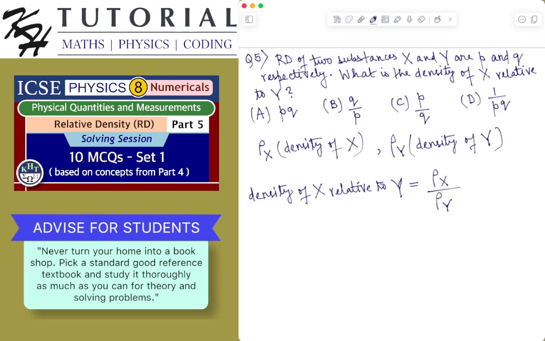We have to find the ratio of the density of X and the density of Y, but we do not know the density of X or the density of Y. We only know their relative densities.